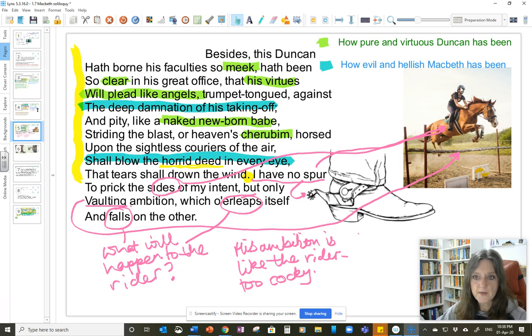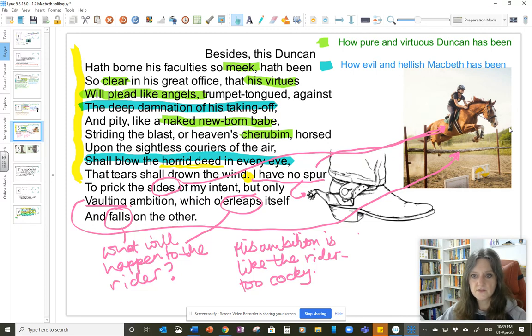So if you like, Macbeth sees ambition as a rider of a horse. And he's saying that my ambition is like the rider forcing the horse to leap over. But what happens, does Macbeth say, when the horse gets to the other side of the vault? It o'erleaps itself and falls on the other.